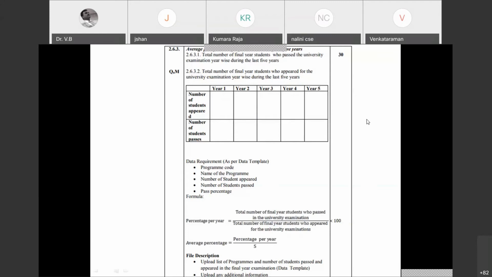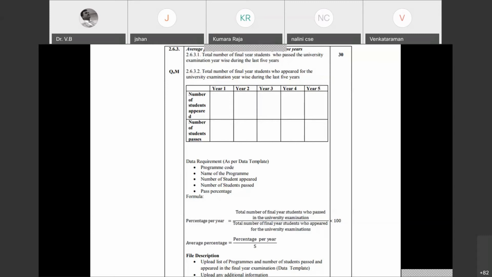And here, since it is a quantitative metrics, the number has to be entered as per the data template. So in the data template, it will very clearly mention the program code, because this program code will be given there in your syllabus book. So the program code, name of the program, say for example, if it is an MBBS program, the program code, the name of the program, number of final year students who appeared for that, out of that, how many passed, and the pass percentage.